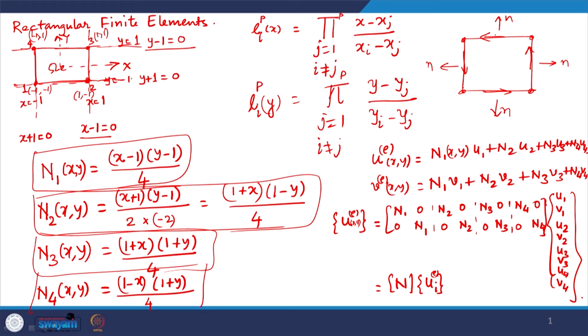And when we are evaluating the boundary term, this 2 dimensional integral can be converted into a 1 dimensional integral by a similar kind of mapping process.